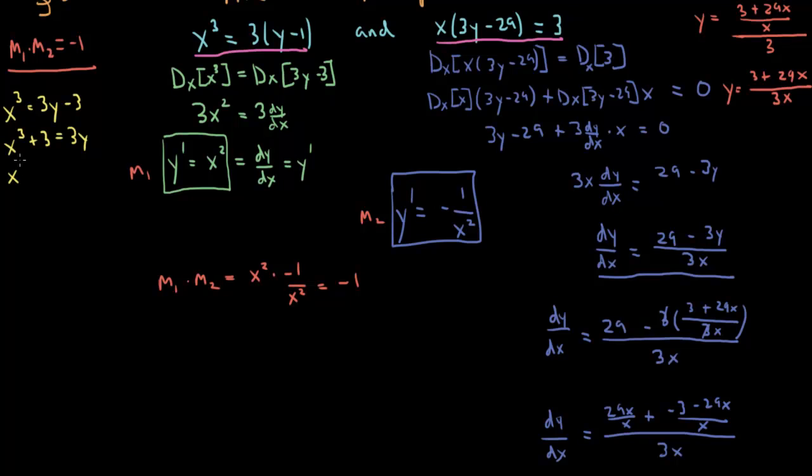Then we would get x cubed plus 3 divided by 3 equals y. So it turns out it was actually pretty easy to write our two functions in explicit form. So here is that function, and here's that function.